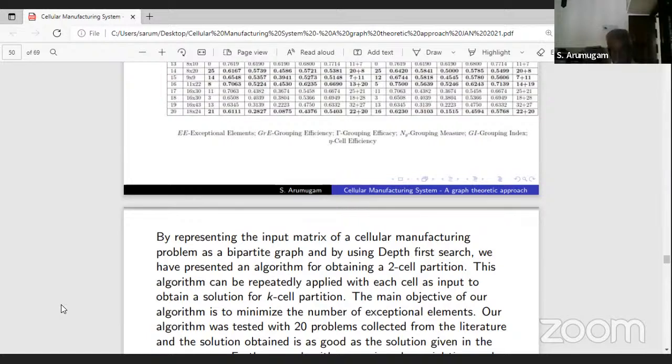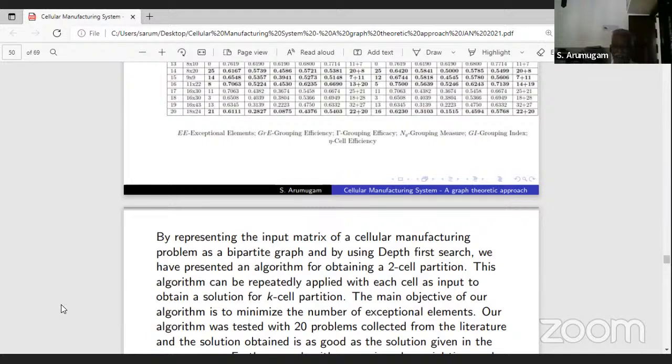It may backtrack. Whereas in a cellular system, a lot of work is completed within the cell. Only for exceptional cases do you have to move the part to another cell. So monitoring the manufacturing process is much easier at the cellular level.